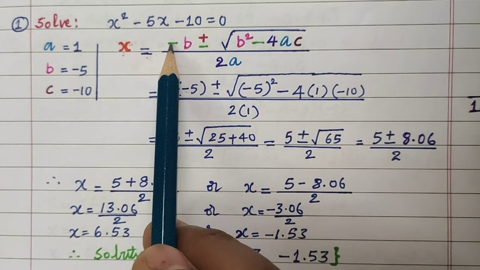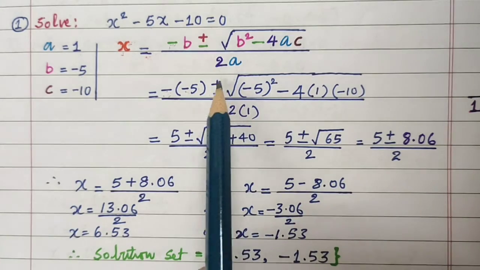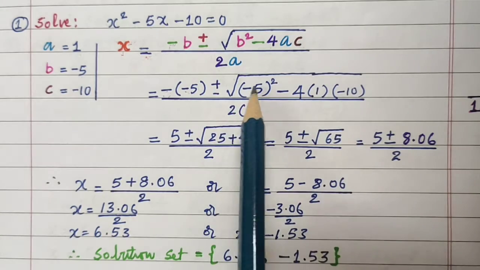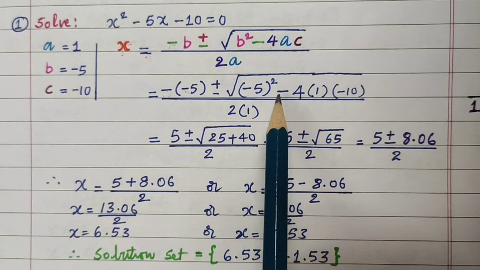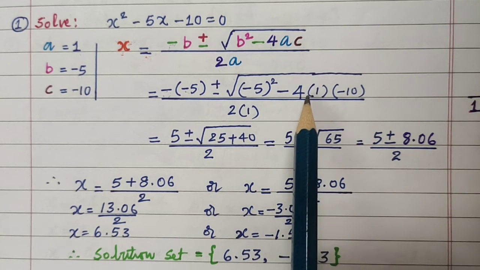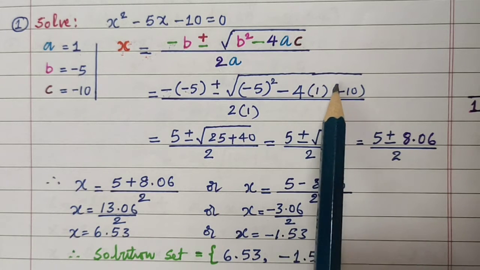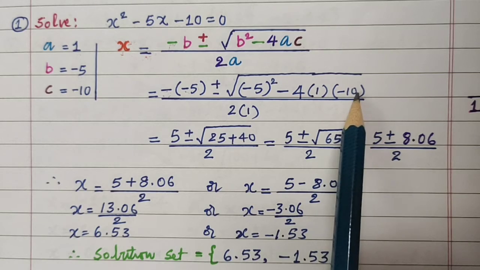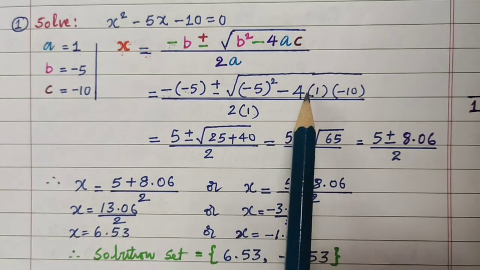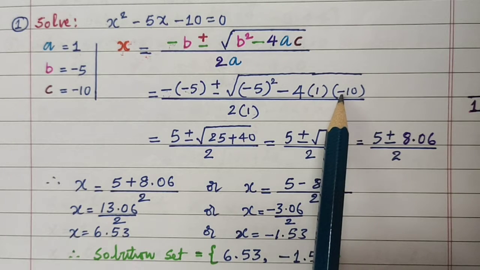First write this minus, then open the bracket, inside that bracket you write the value of b, plus or minus square root of minus 5 whole square, that is b square, minus 4 into the bracket. Always use the bracket instead of the into marks, so that you will not make any mistakes. 1 into minus 10 divided by 2 into 1. Wherever multiplication is there, please use the brackets so that you will not get confused.